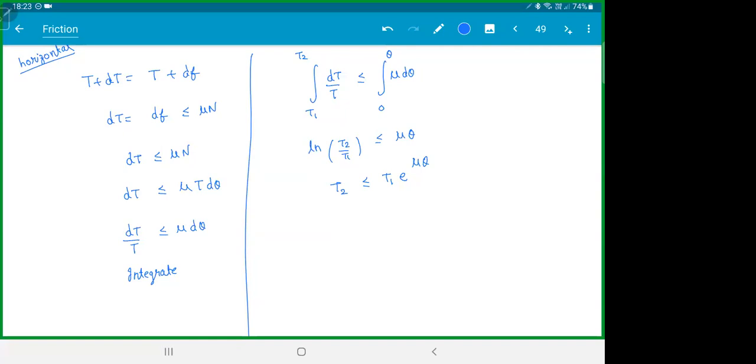Let me tell you what it means exactly. What this is telling you is, if you have taken a rope with an angle theta, and this side the tension is T1 and this side the tension is T2, because of this friction here, the tension between these two, T2 by T1, will be in this ratio, where theta is the angle between the two points of the rope.